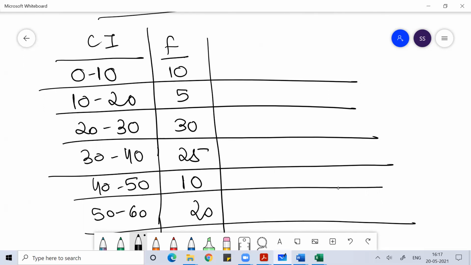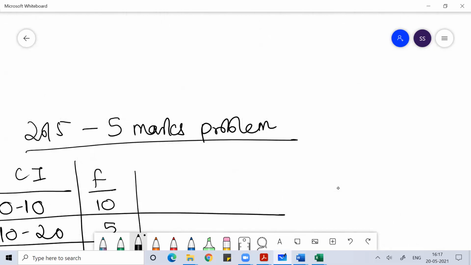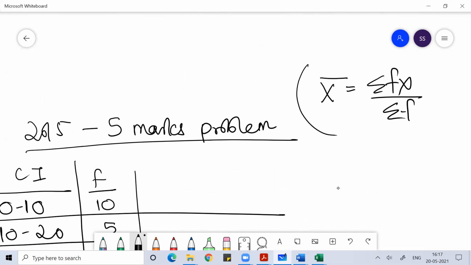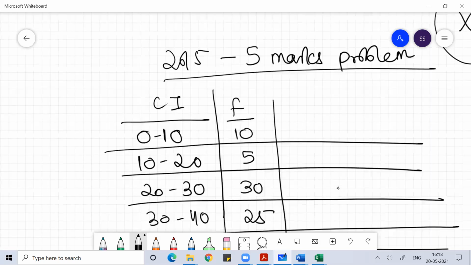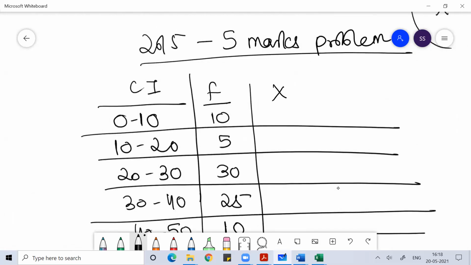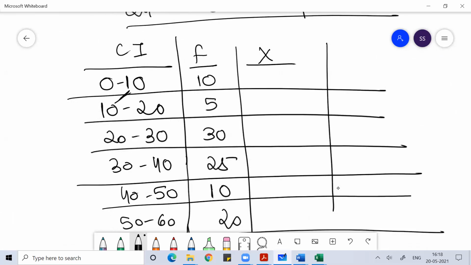Whenever you have data of class interval with frequency, you use the formula called sum of fx by sum of f. What is x? x is the class mark. If you observe, this data is already continuous, so you don't have to change anything.